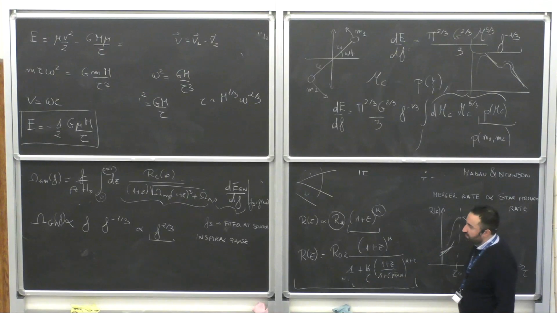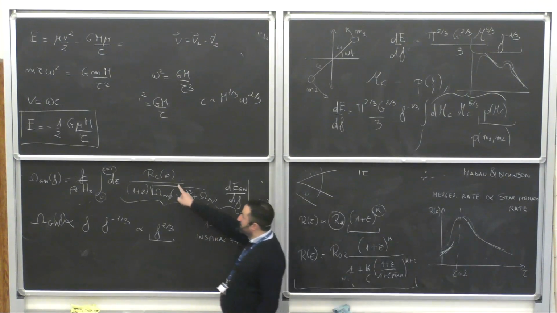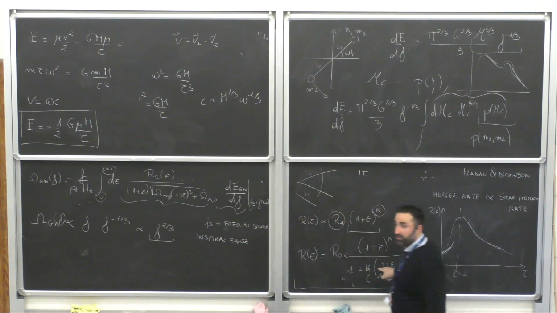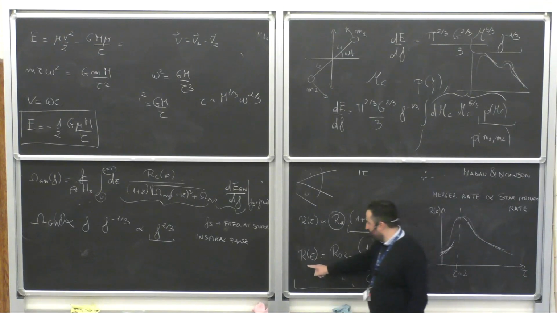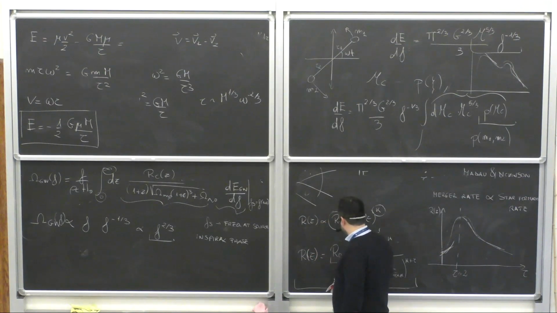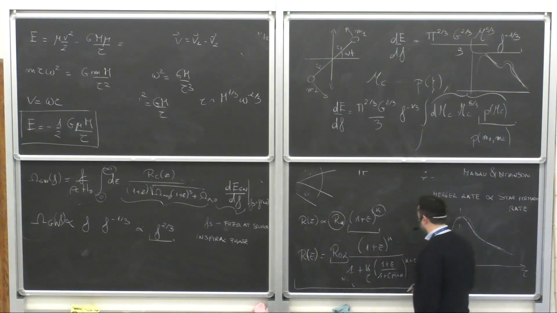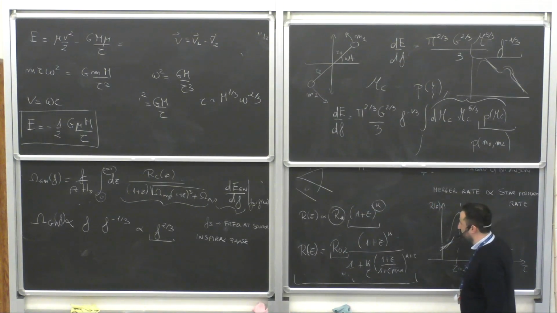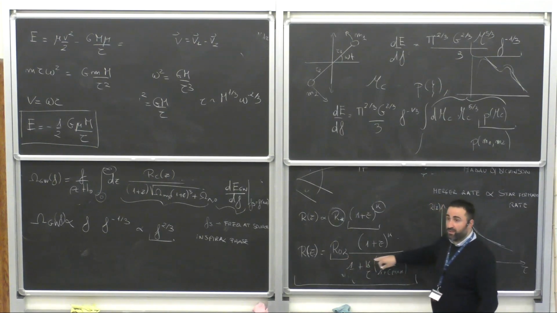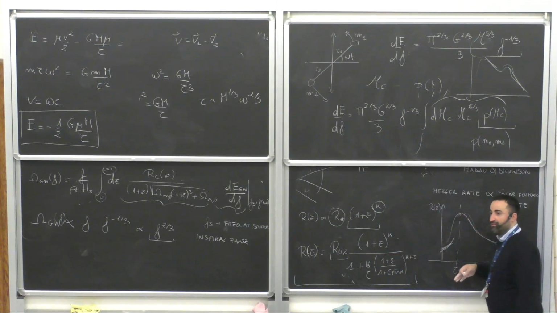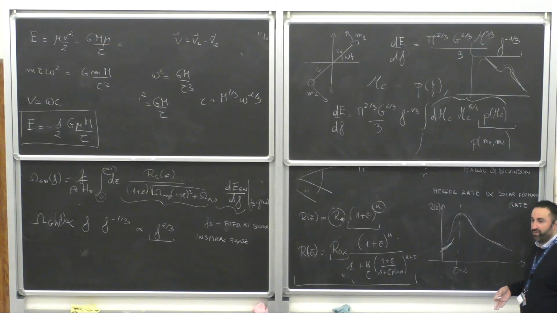So when you do this integral, okay, you have to plug inside this object. Yes. This R of Z. Yes, I put it here because, of course. Yes, that's an important question. Thanks. So this is the way to normalize this merger rate. What you do is normalize it at the value that LIGO Virgo have measured, right?